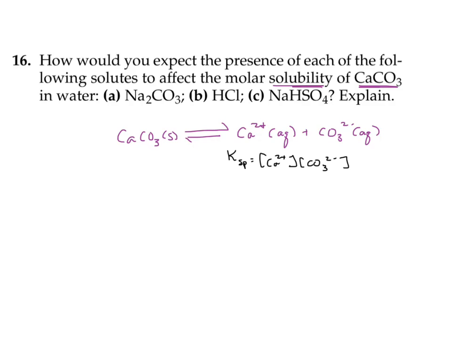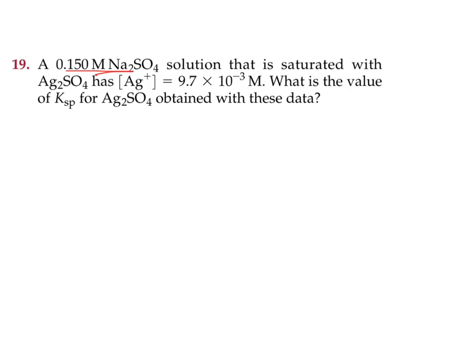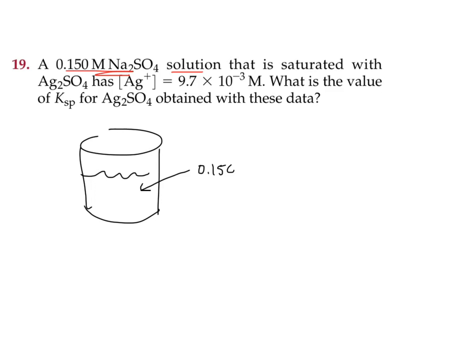What's that going to do to the solubility of your insoluble salt, calcium carbonate? I said, look for a common ion to reduce solubility. Anytime there's a common ion, it's going to reduce solubility. No ice tables required. You can just do it visually.